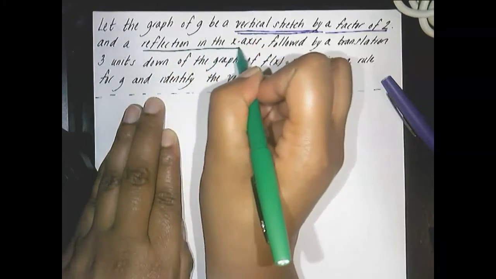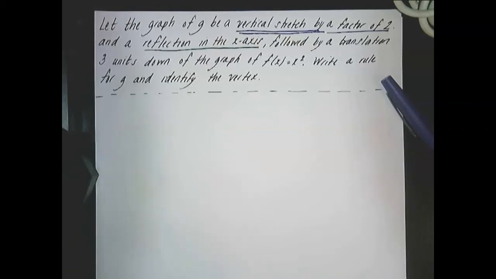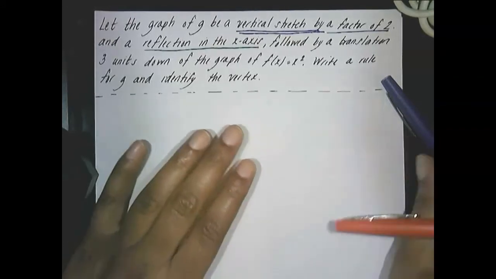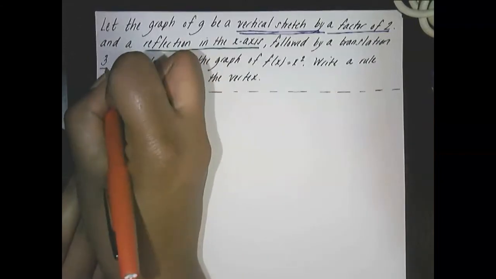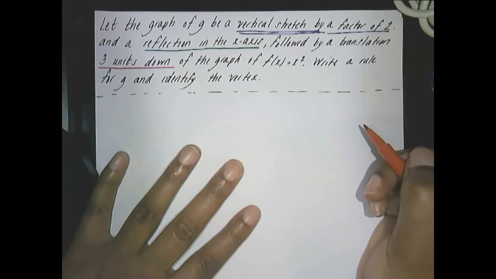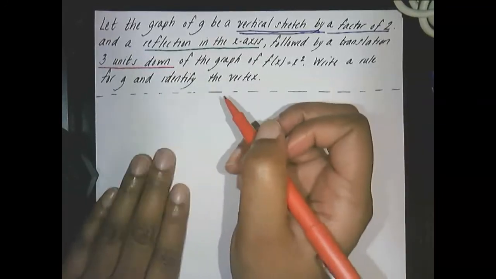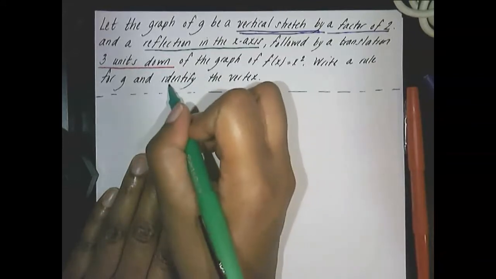And the last thing is a translation 3 units down. And we want to write a rule for g and identify the vertex.